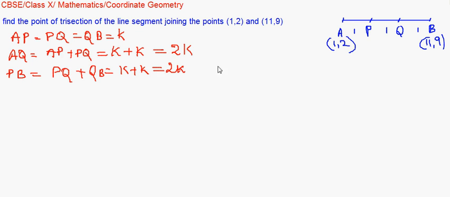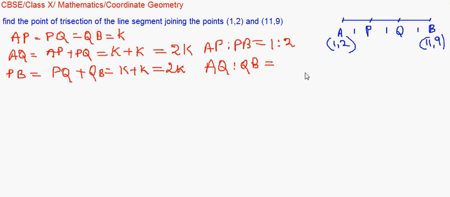So what do we find? AP is to PB is 1 is to 2, because it is K is to 2K. On the other hand, AQ is to QB: AQ, if you see, is 2K, is to 1K, that is QB.